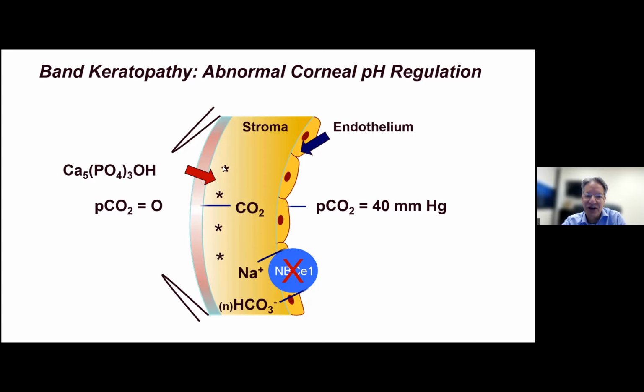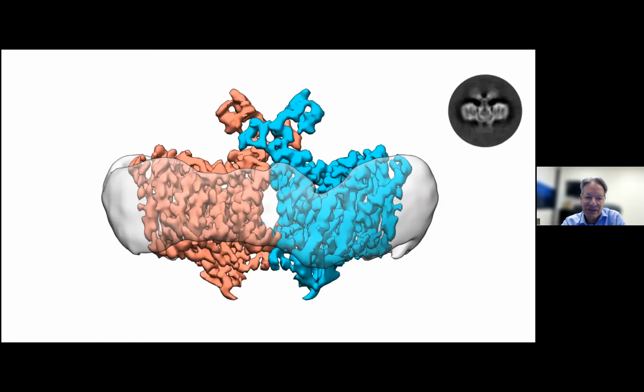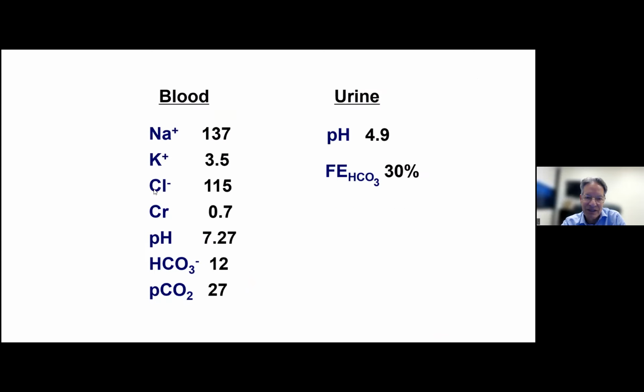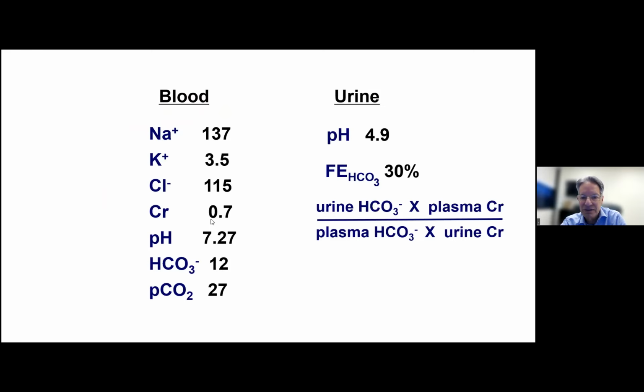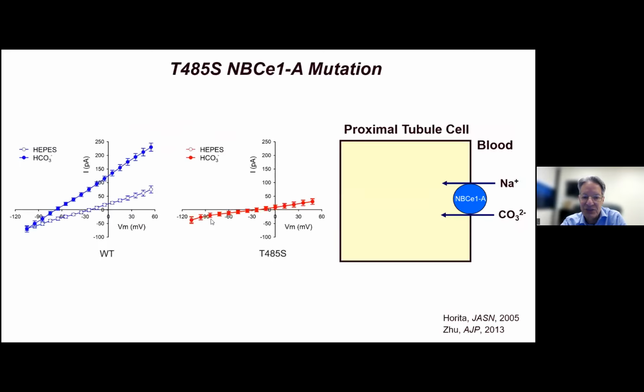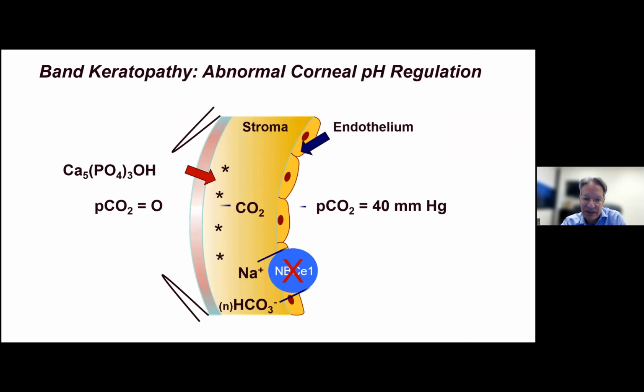So it's the calcium phosphate coming out of solution that causes the corneal opacities that, just go back here. That's what this is. This is calcium phosphate that's precipitated in the front of the cornea. It's called band keratopathy, if you want to use the correct medical term. But it's basically due to the fact that the pH within the cornea is too high because of loss of NBCE1A transport of bicarbonate out of the cell.